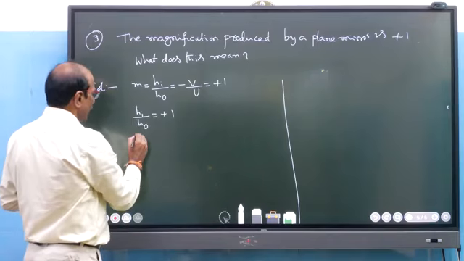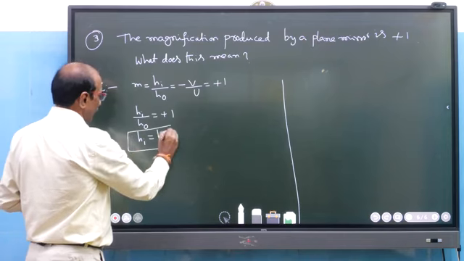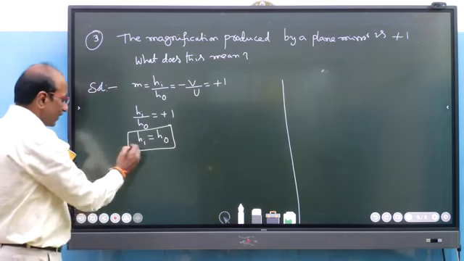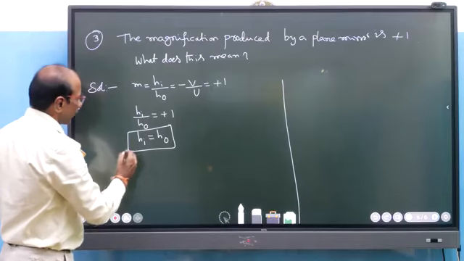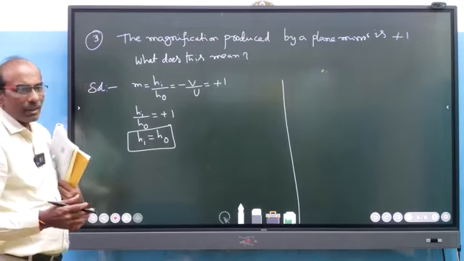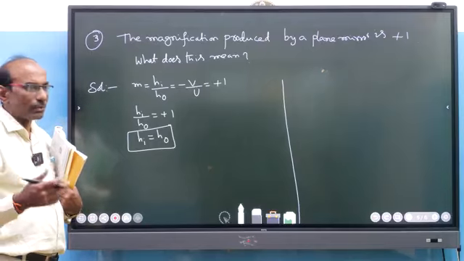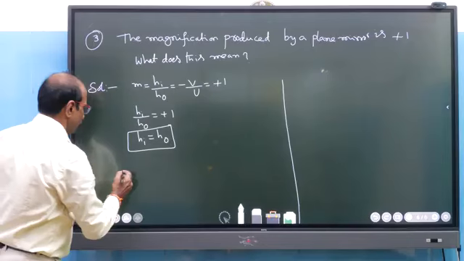That means height of the image equals height of the object. That means the size of the image equals the size of the object. So when a plane mirror produces an image, the image size is equal to the object size.